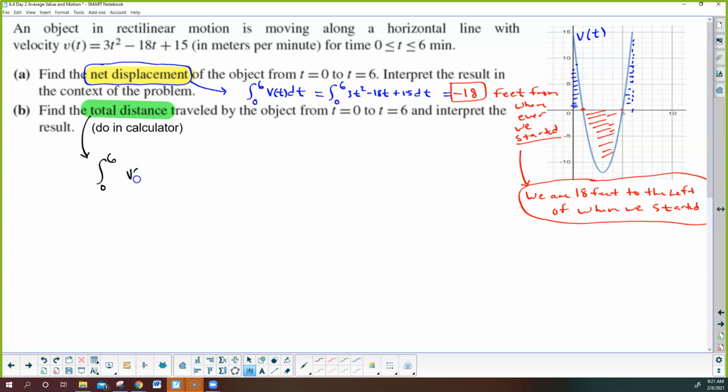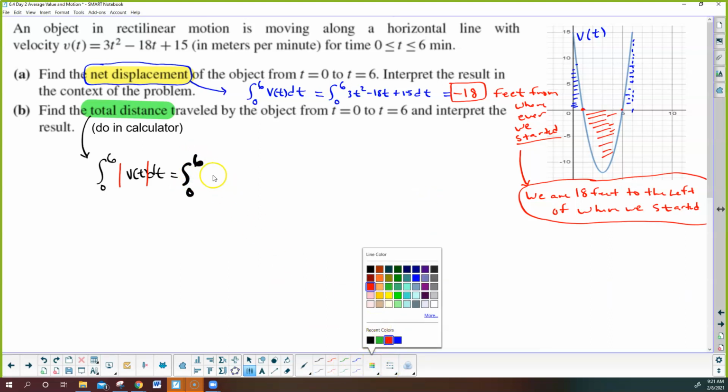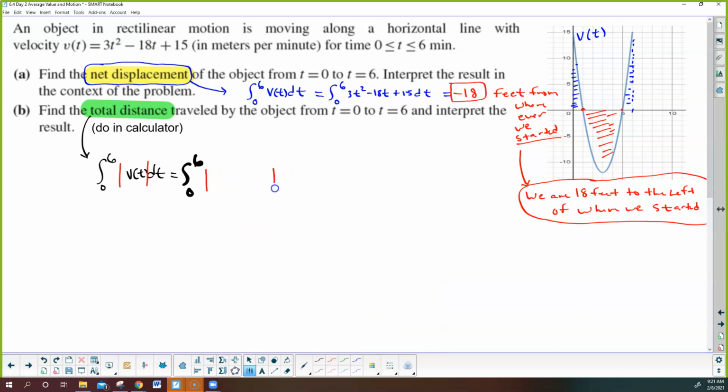It's the same thing, except for now we're going to throw absolute value expressions around that velocity equation. I'm going to go from 0 to 6. The absolute value.